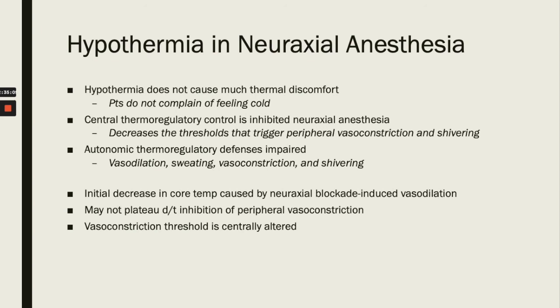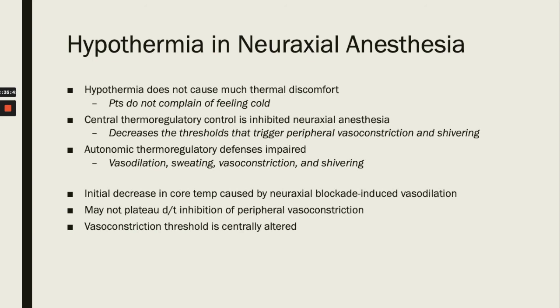From the dermatome level down, they are going to have that vasodilation, or just about everywhere actually, simply because of the drugs given neuraxially. So they're not being vasodilated in response to heat, like feeling hot, and they won't have that sweating, and they won't be vasoconstricted in response to cold.